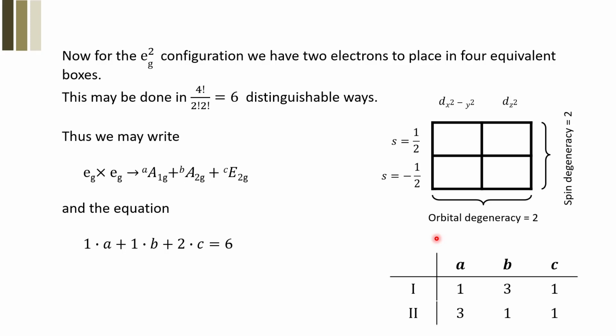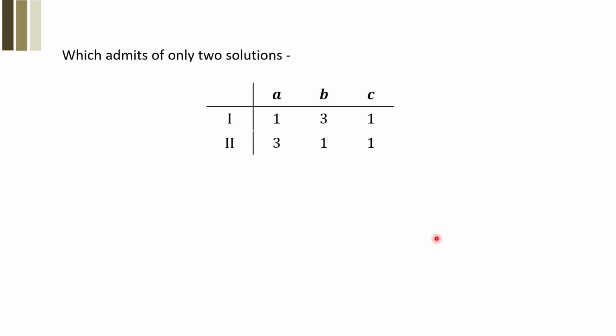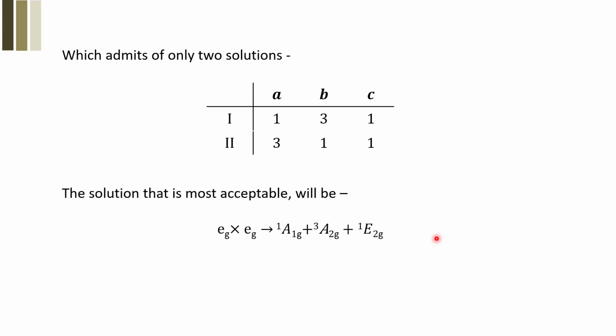So we have seen that there are 6 distributions, 6 microstates are possible. We have to assign the values in the way that they should give the 6 values. So it is either 131 or 311. So the most acceptable solution would be 1A1g plus 3A2g and 1Eg.